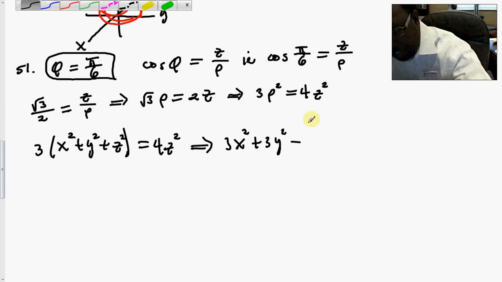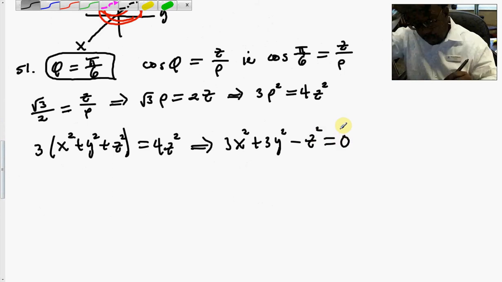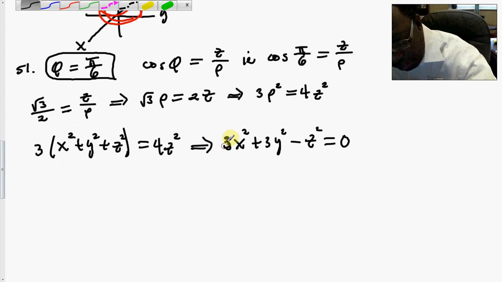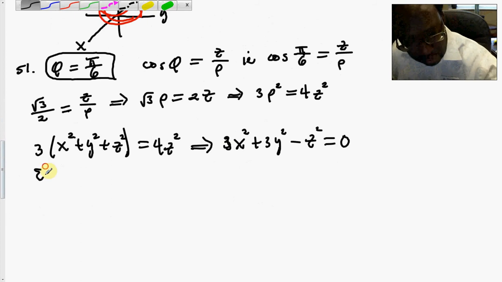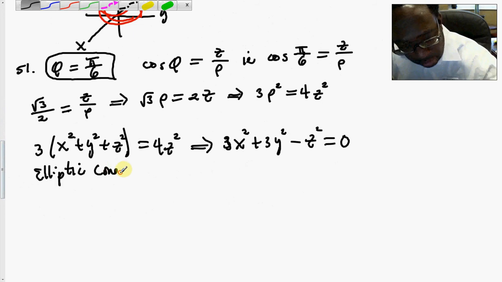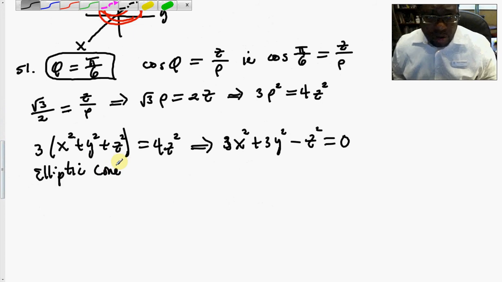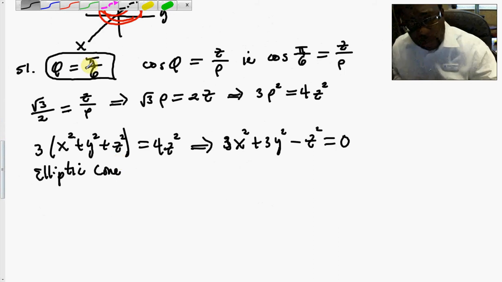So this becomes minus z squared is equal to 0. By definition from section 11.6 for the quadric surfaces, this is an elliptic cone. It's an elliptic cone in the top surface because phi is set equal to 30 degrees.